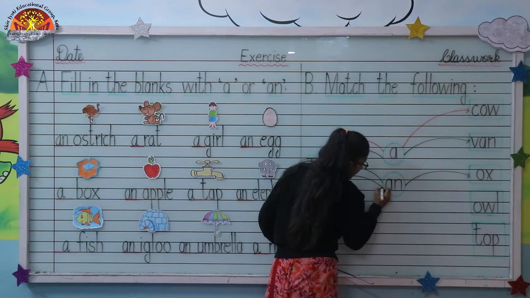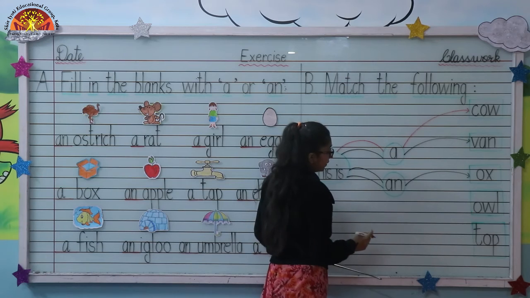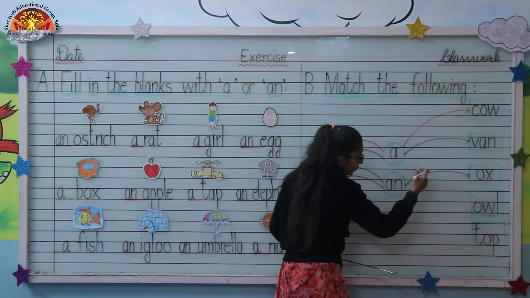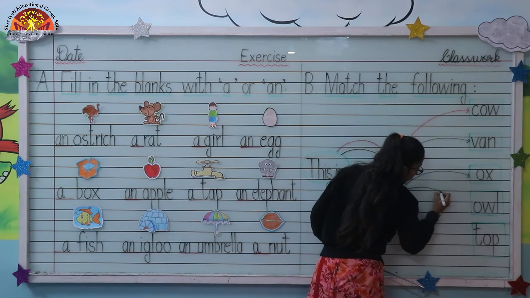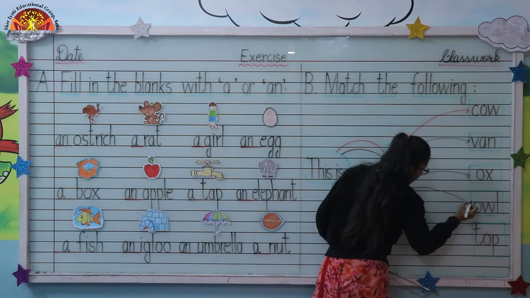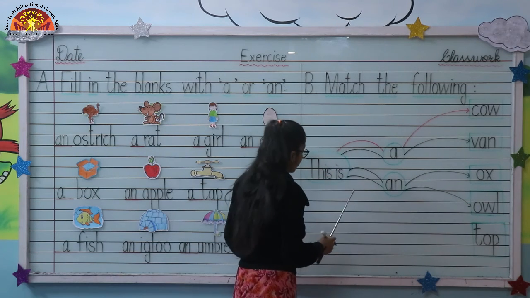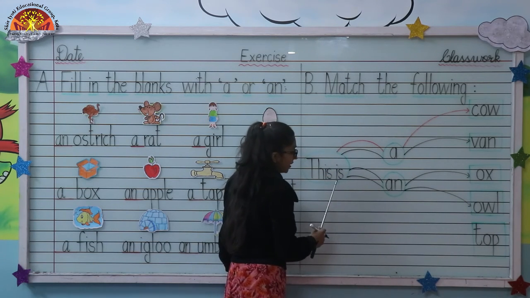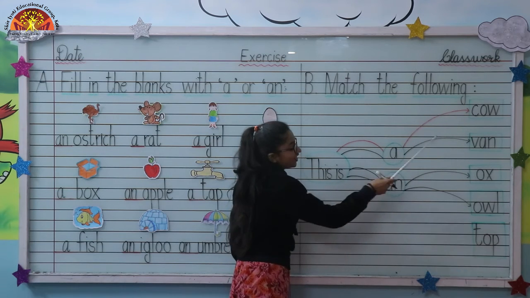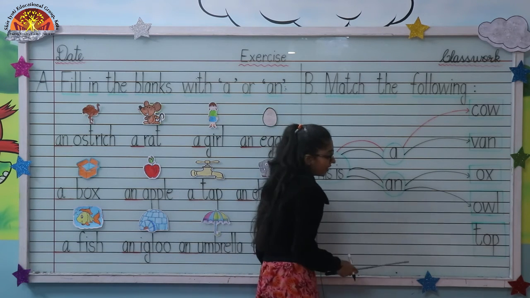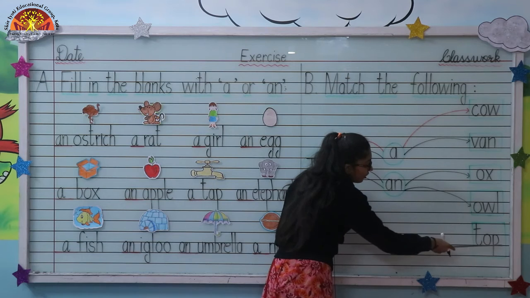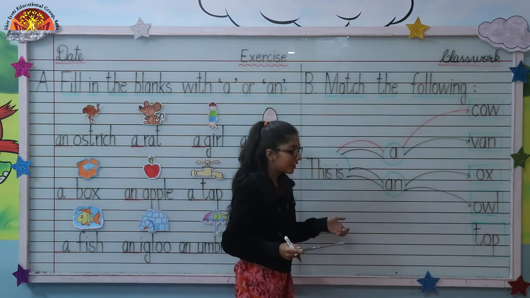"This is" with an, okay, then an with owl. Like this.